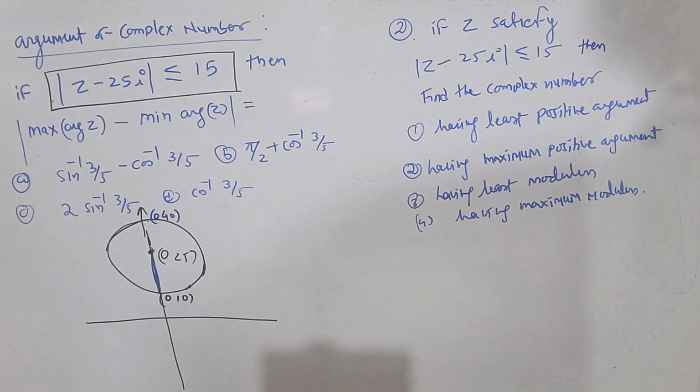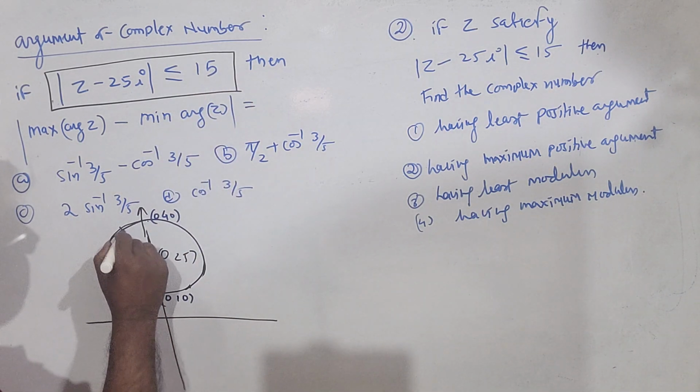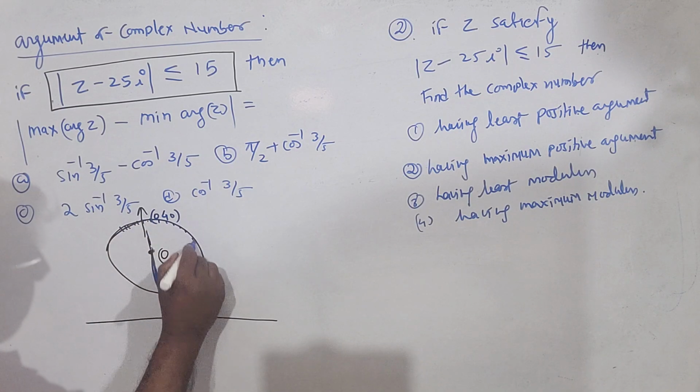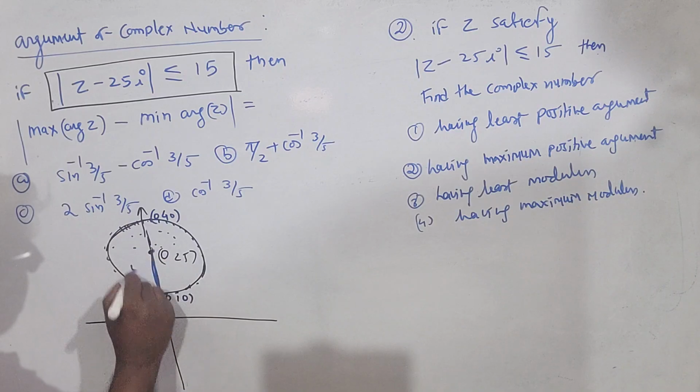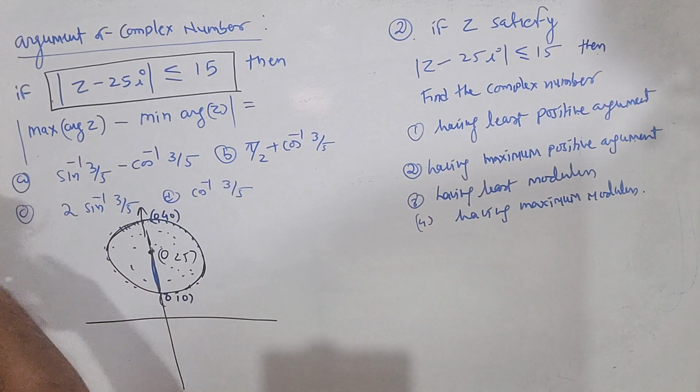Okay, this is very common. And less than or equal to 15 means your z lies either here on the circumference or inside the circle, correct? That is the point.